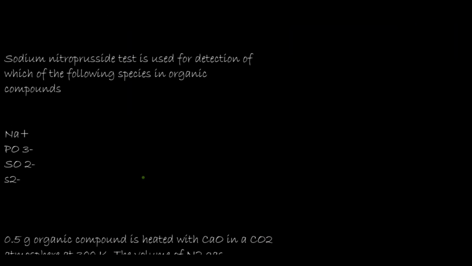Next question: sodium nitroprusside test is used for the detection of which of the following species in organic compounds? Sodium phosphate, SO2 and S2- sulfide. Which would be right? Very straightforward question, right? If you know it or don't, that's it. There is no need of thinking much about these questions. What is the answer?